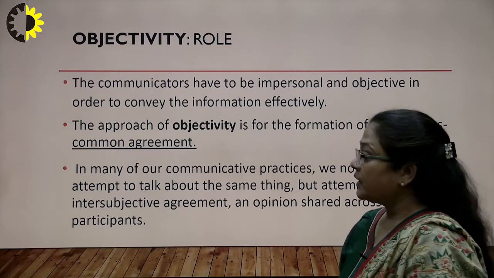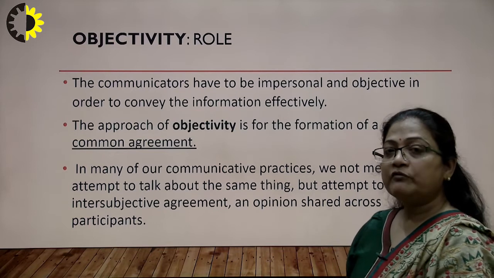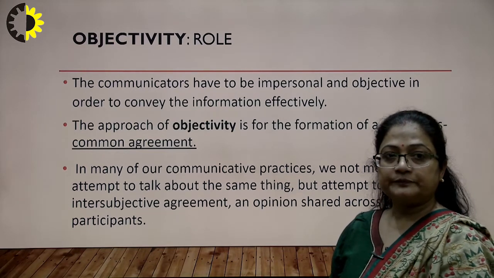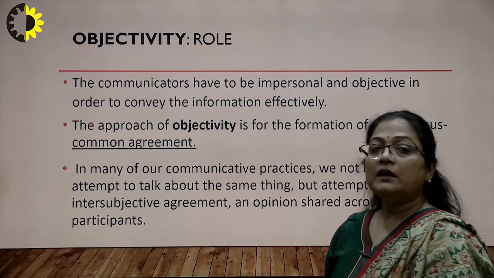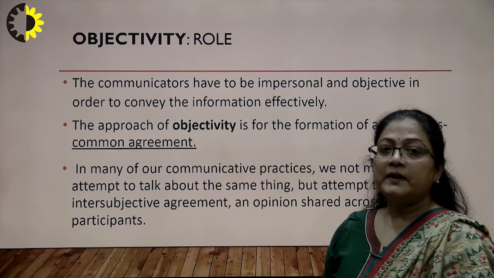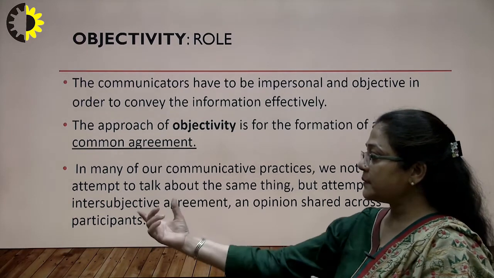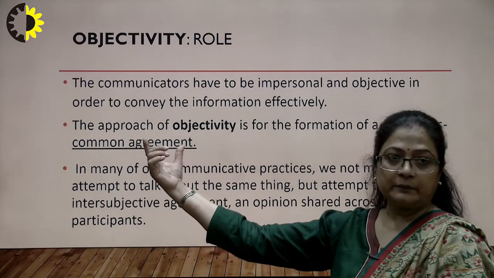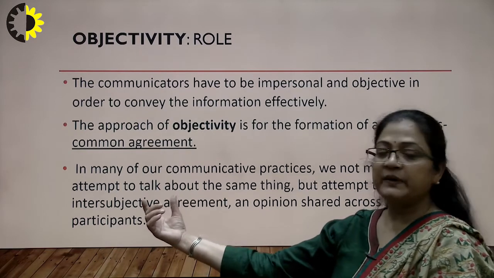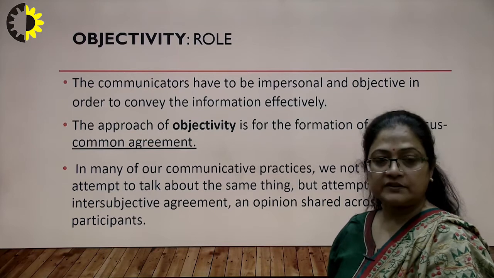Okay. We see that in many of our communicative practices, in many of our attempts in communication, we not merely attempt to talk about the same thing, okay, but attempt to reach an intersubjective agreement. Intersubjective agreement means the common agreement, means subjective means pertaining to the person and objective means pertaining to the fact or the thing.